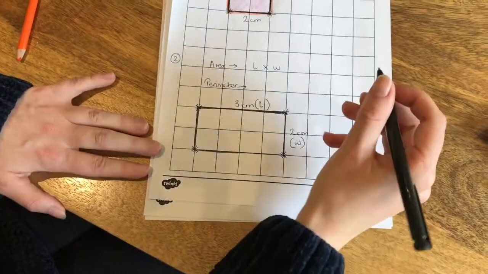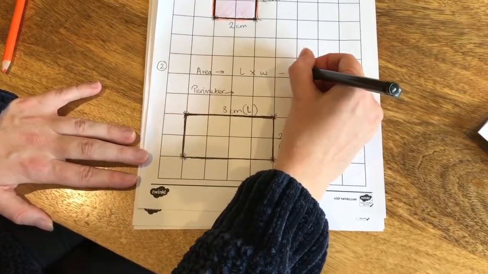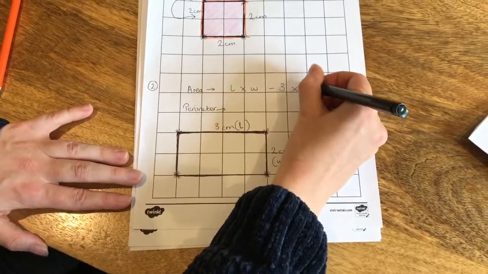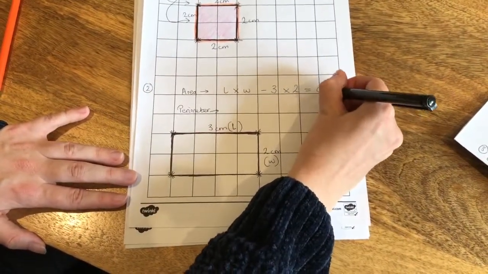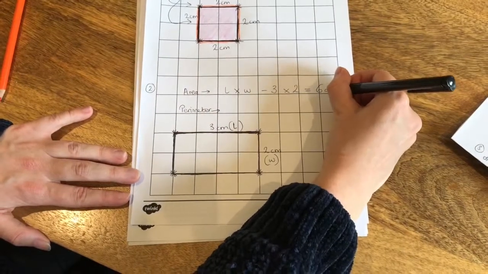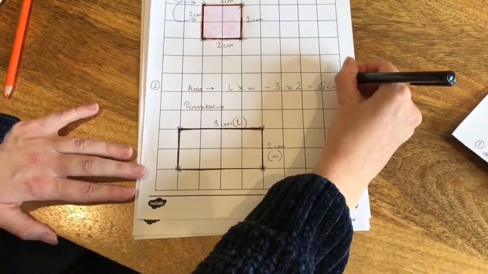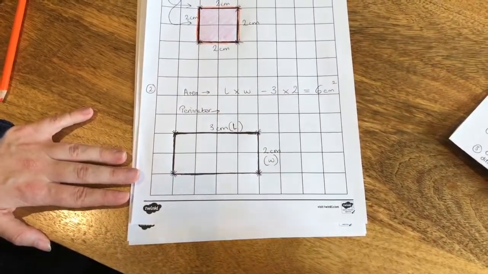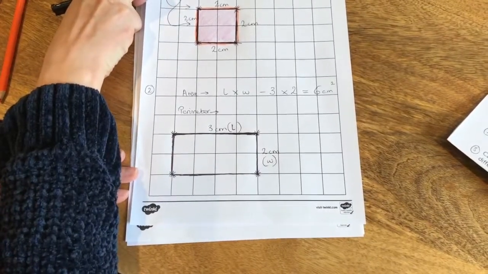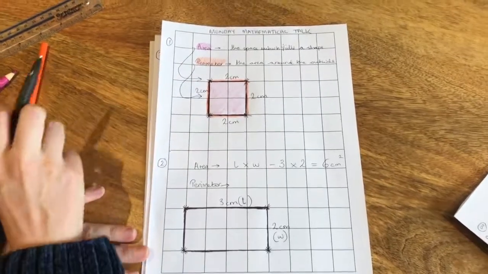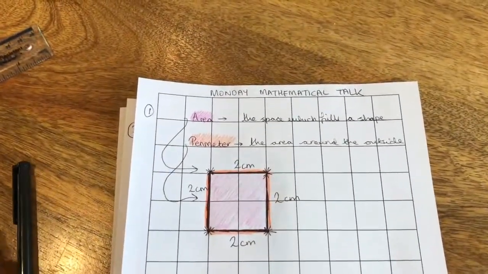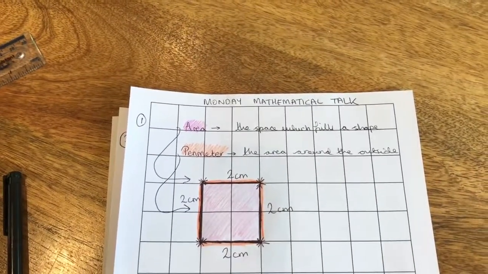Okay, so here that is going to be 3 times 2. Nice and simple. Answer to that is obviously 6 centimetres, and then we put squared. Okay, and remember before we've looked up here, we've seen that our area is the inside of the shape. Okay, so now what we're going to do is we're going to check our answer here.